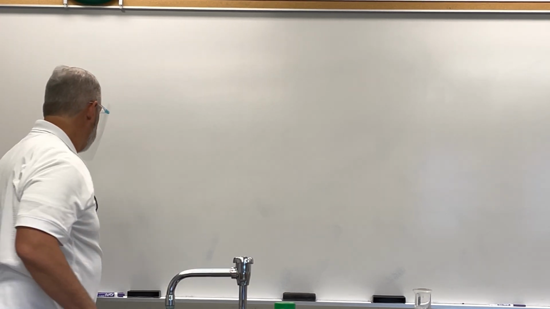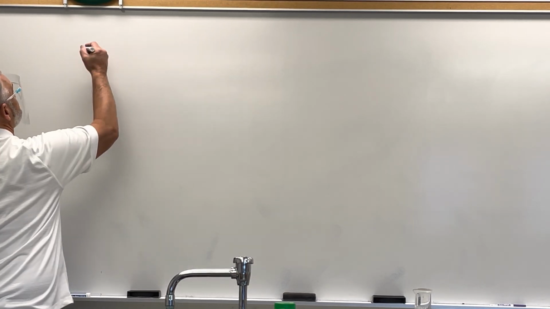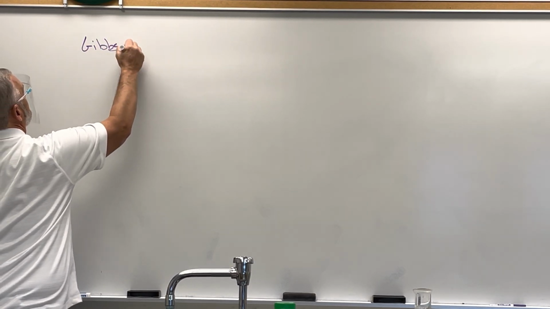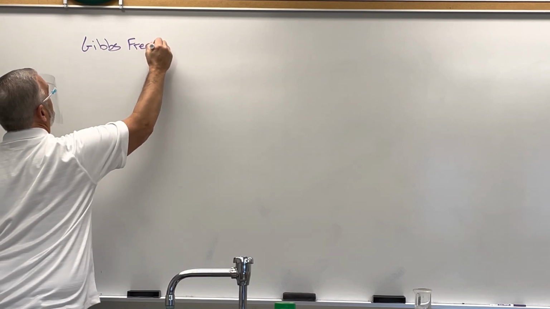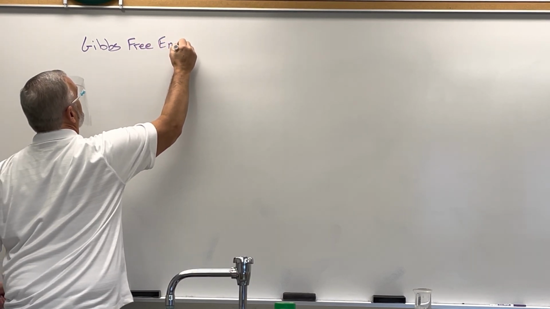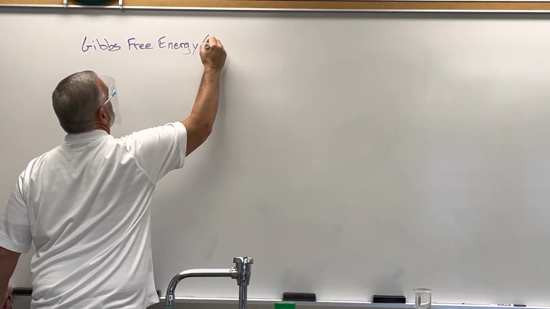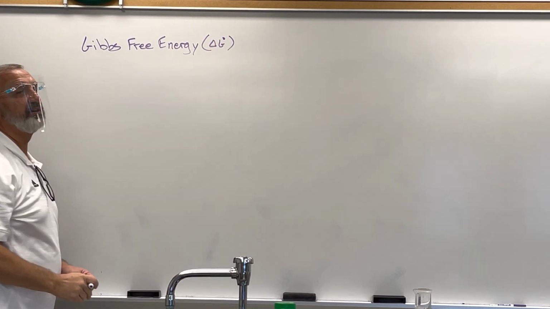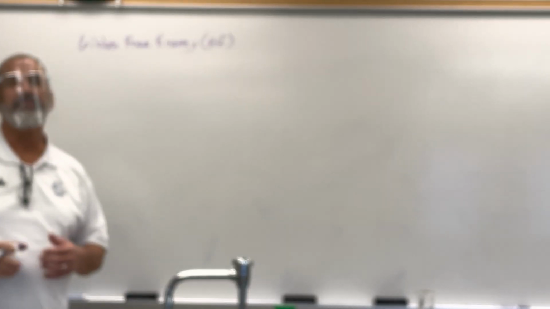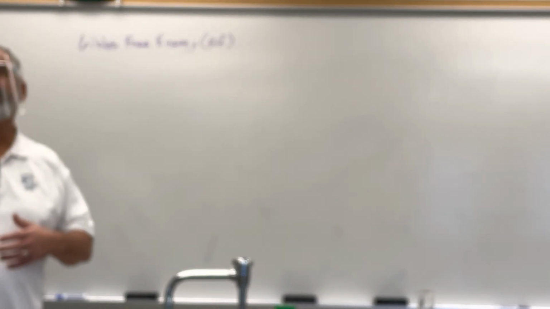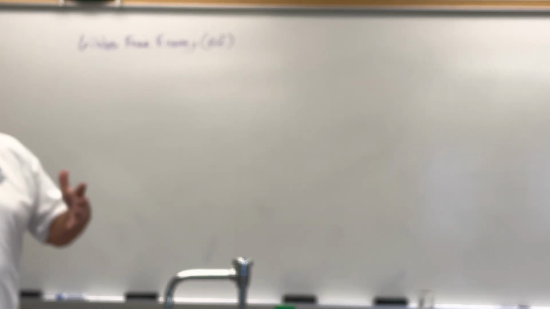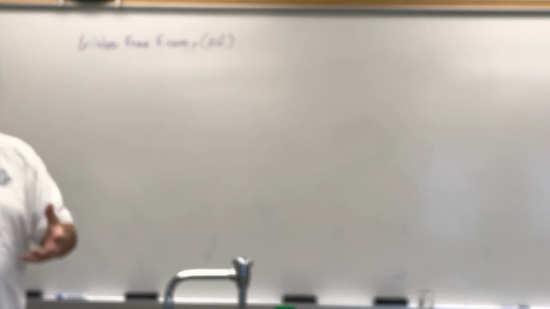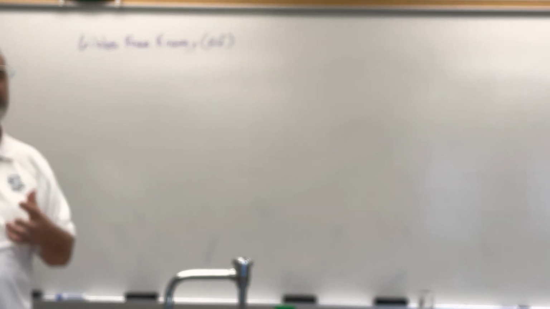Okay? Gibbs Free Energy, delta G. This is the amount of energy that's left over after we consider the energy change, the exothermic, endothermic, and entropy changes, the increase and decrease.